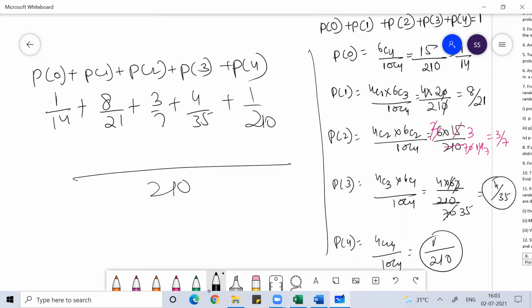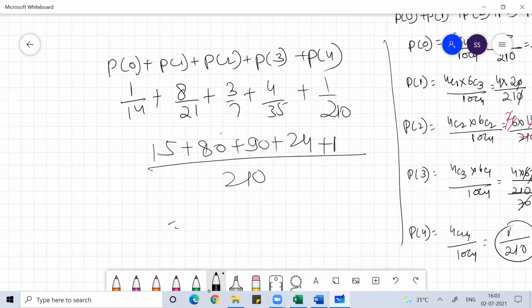So in that case, this is 15, this is 80, this is 90, and this is 24 plus 1.